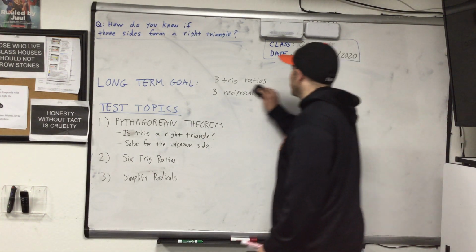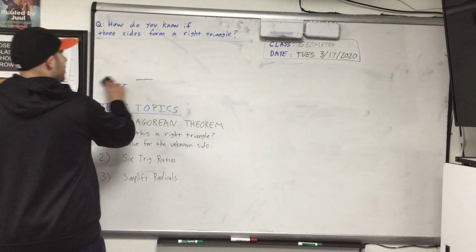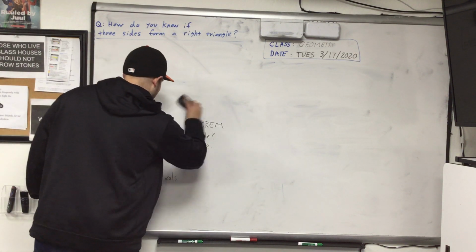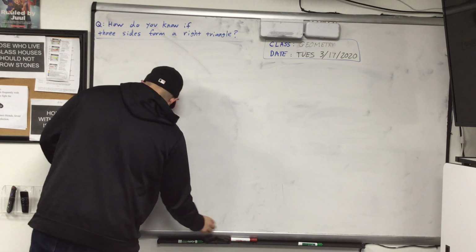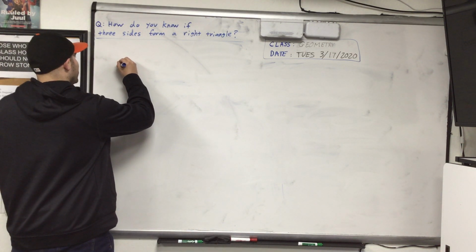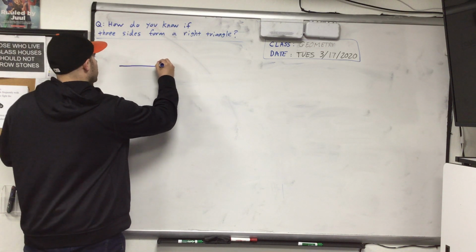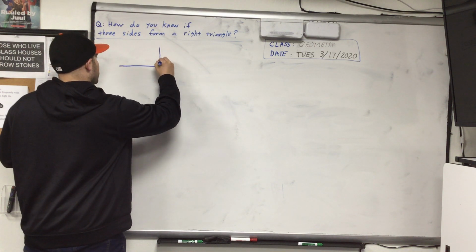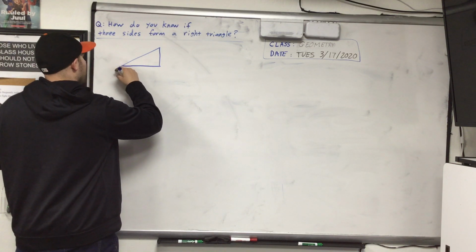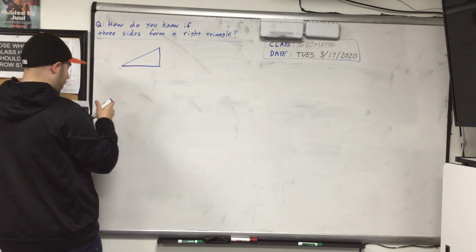So the long-term question that we're going to ask is, how do you know if three sides form a right triangle? Remember that a right triangle is a triangle where one of the angles is 90 degrees. I don't have a ruler on me, but that looks good. So let's just say that I've got myself a right triangle.